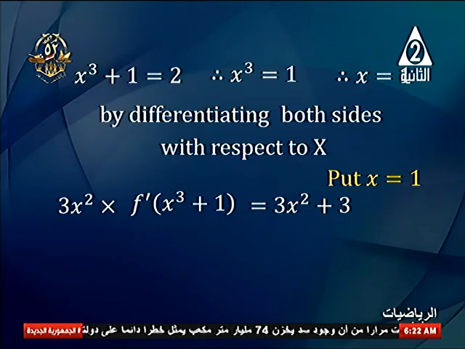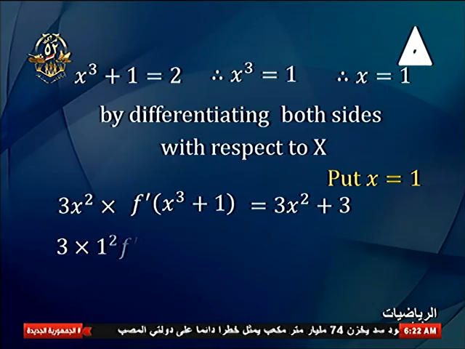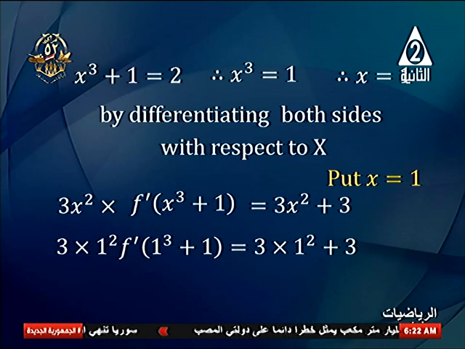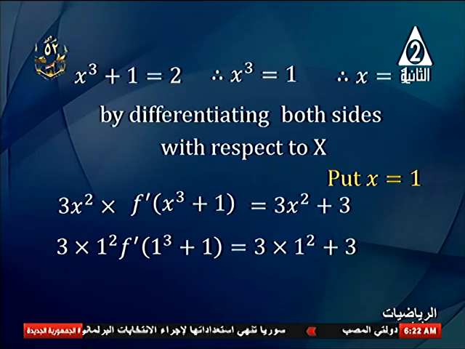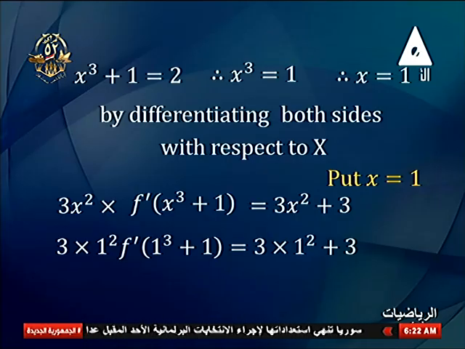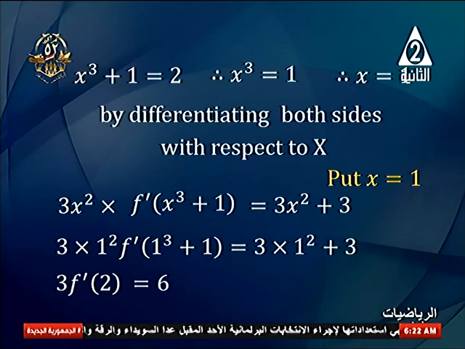By putting x equals 1, 3 multiply 1 power 2, f dash of 2 equals 3 multiply 1 squared plus 3.